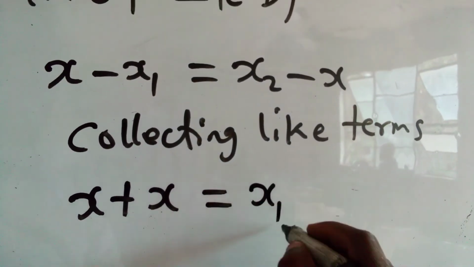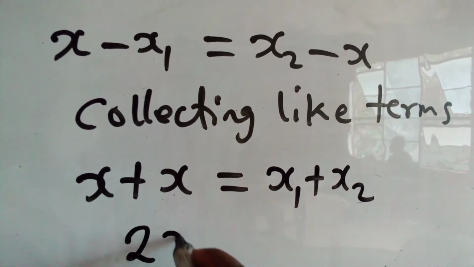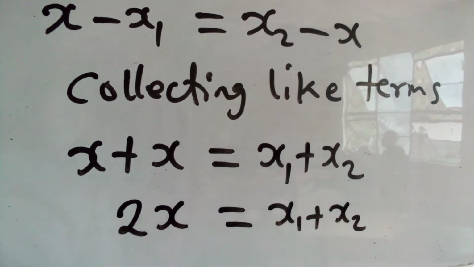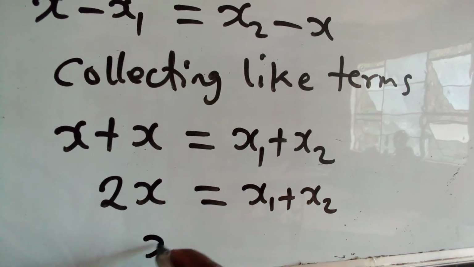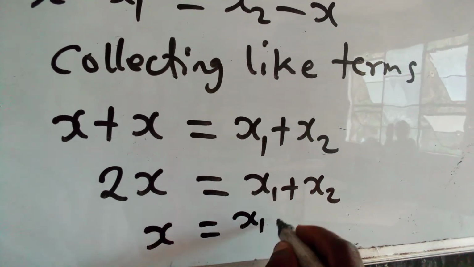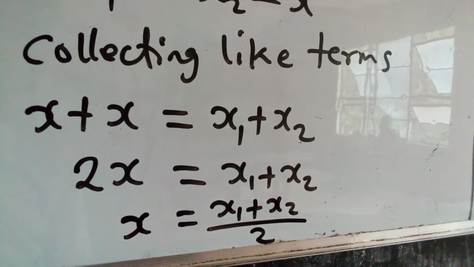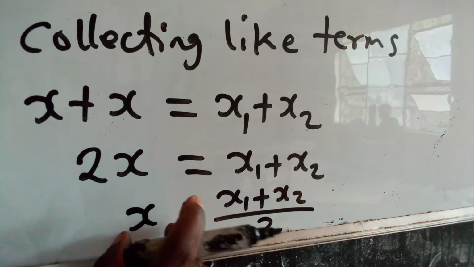It becomes x1 plus x2. So x plus x is 2x. We give you x1 plus x2. If you divide both sides by 2, you have that x will be x1 plus x2 all over 2. So this is the coordinate of the midpoint. That is the x coordinate of the midpoint.